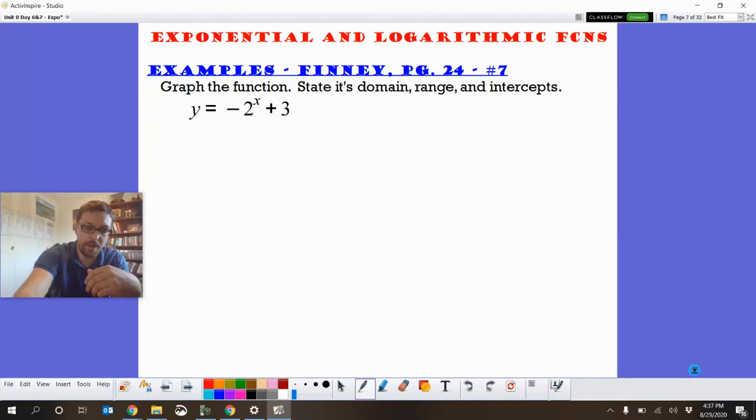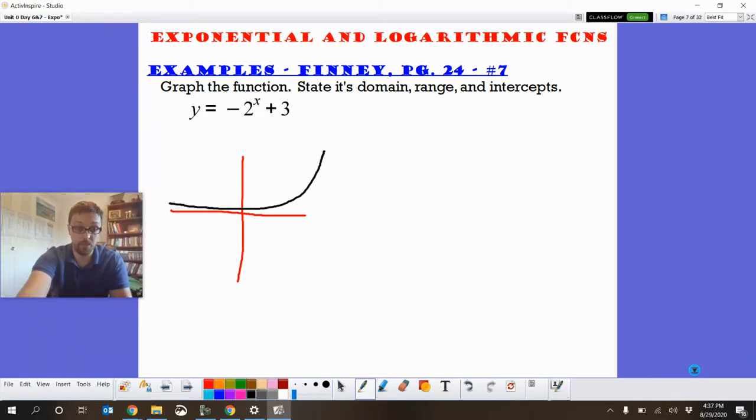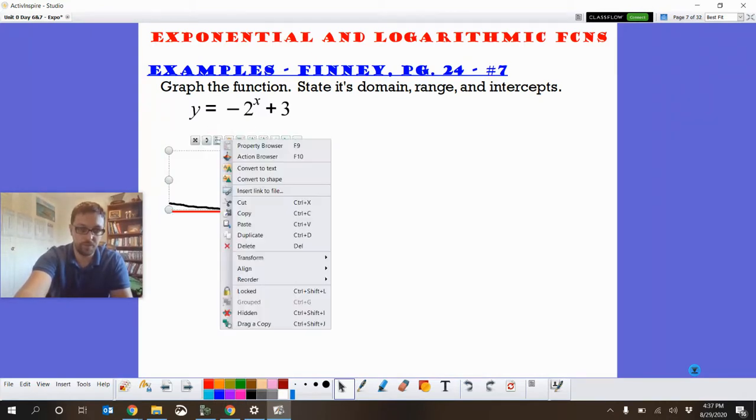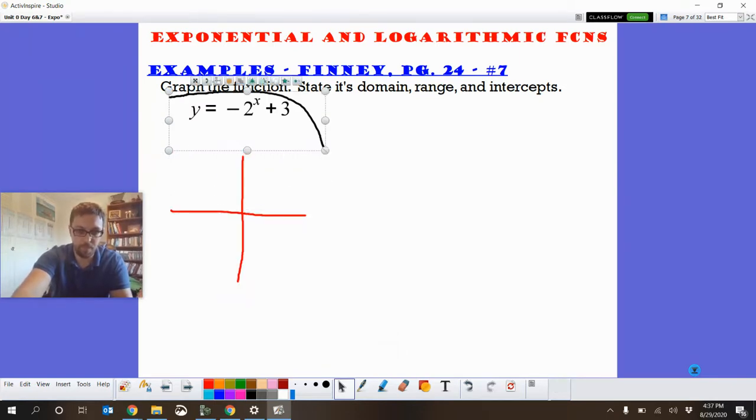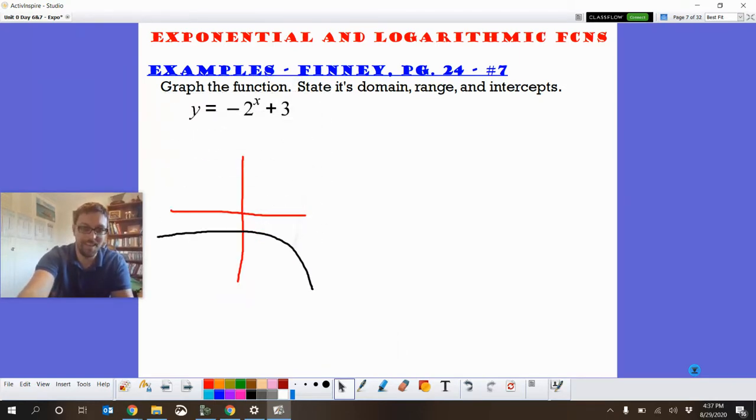So its graph should look like, whoop, whoop. So normally it would be right here. There's our normal exponential growth graph, but that thing is going to flip immediately to do its transformation. So let me flip it, bam. Oh, but it changed where my x-axis was.